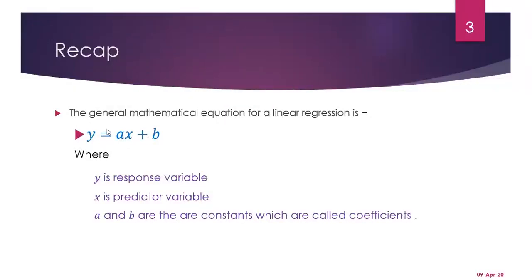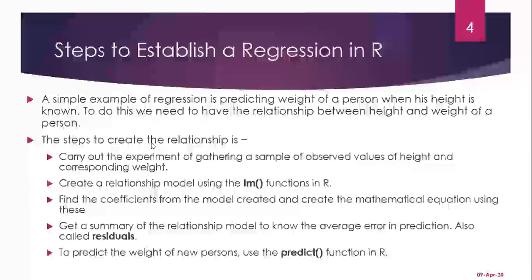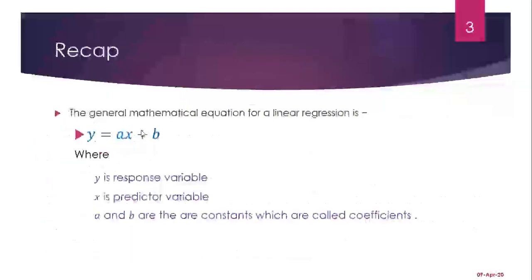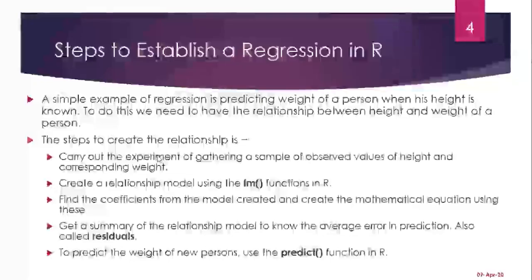We collect both variables' data through some experiment, and then we create the relationship model using the lm function. The lm function will give us these two values a and b, so that if we have x, we can easily get y through a single computation.